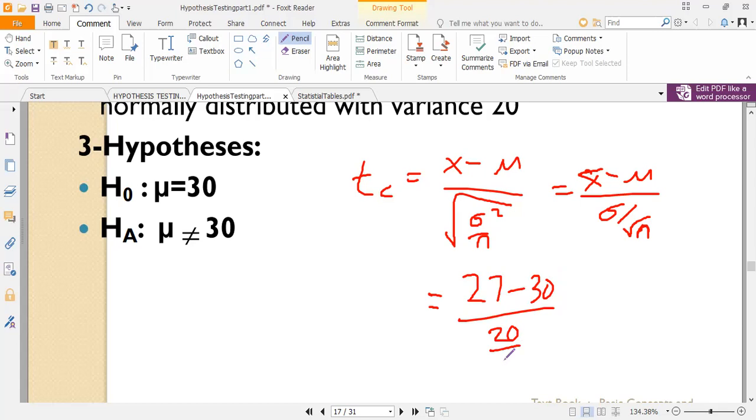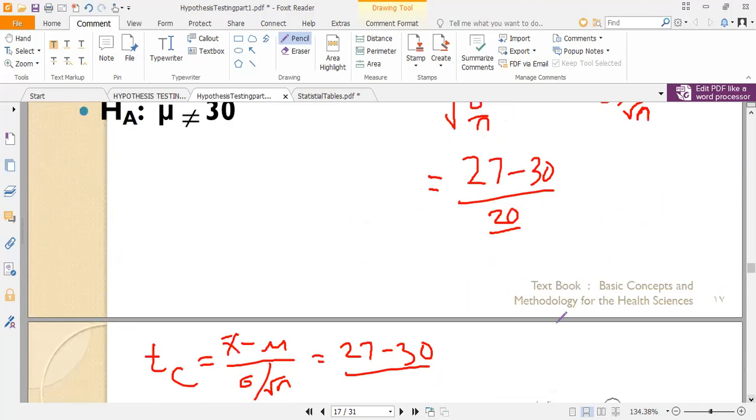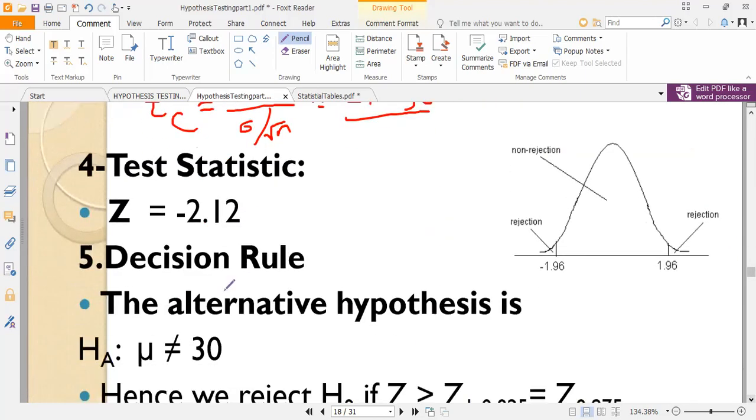Now n is what? N is 10. So you put 10 there, and you square root both of them. The answer you're going to get is negative 2.12.